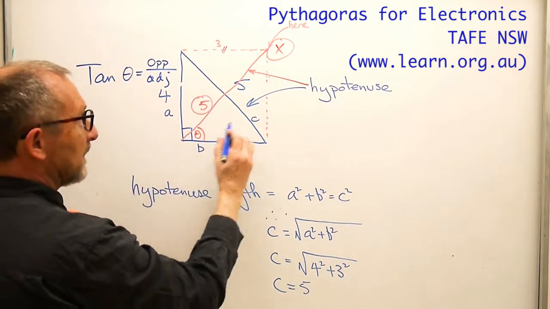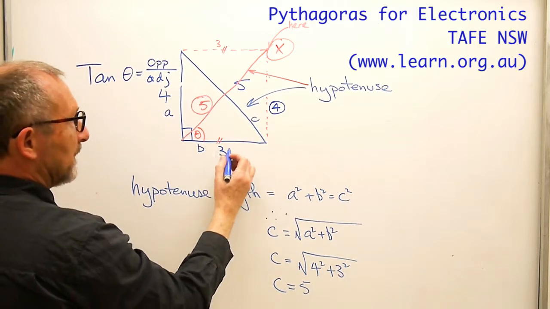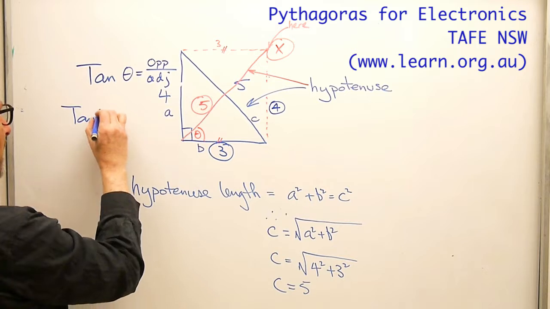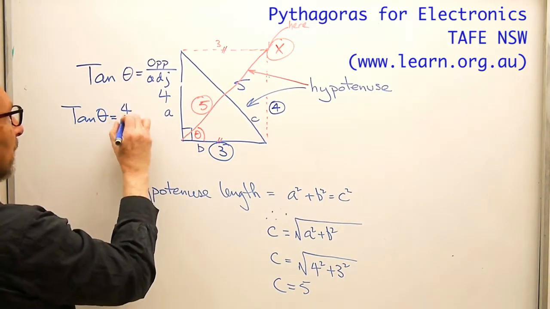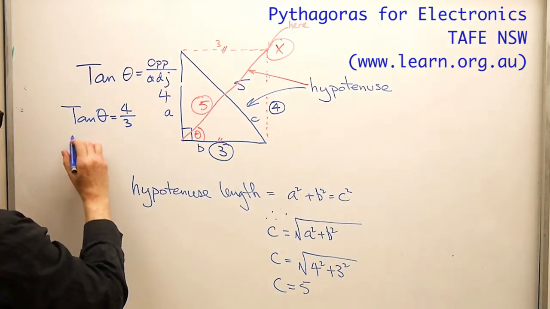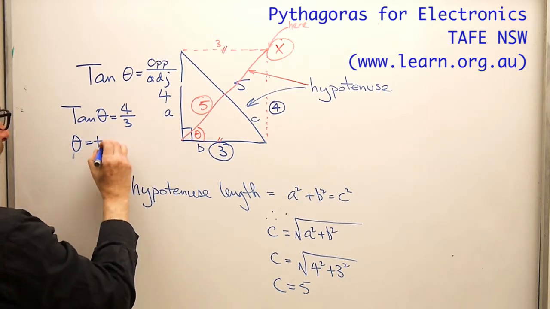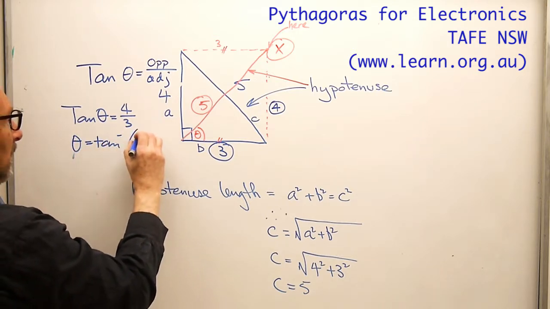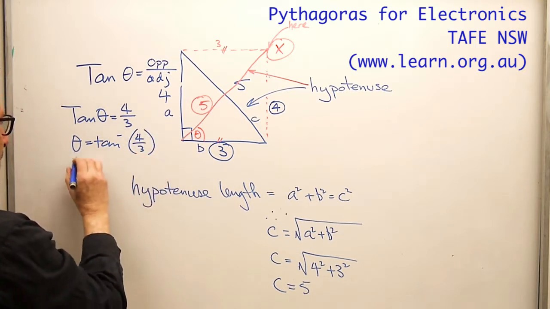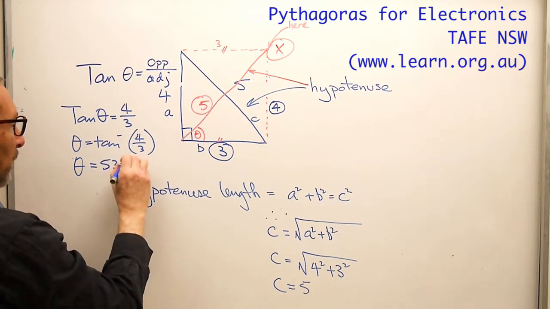In this case, the opposite is 4 and the adjacent is 3. Hence, tan theta equals 4 on 3. Hence, we can find theta, which will be equal to inverse tan 4 on 3. And if we run the maths on that, we'll find that theta is equal to 53.1 degrees.